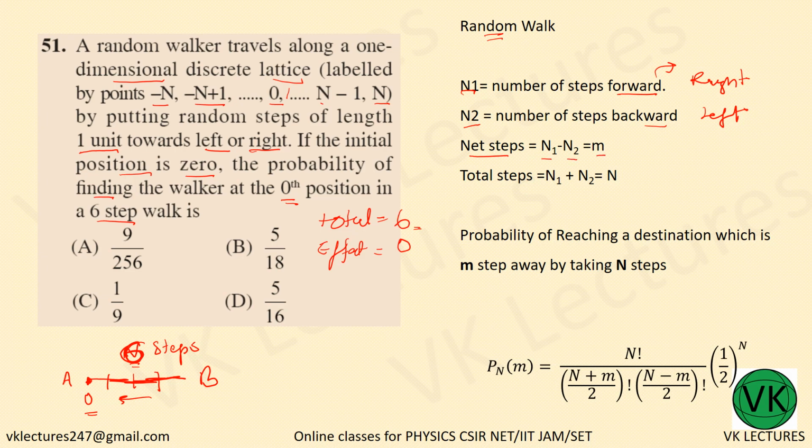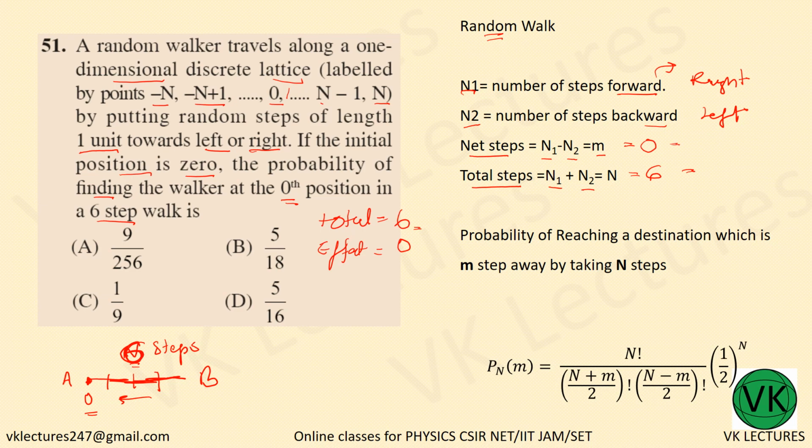With respect to this question, the net steps equal 0. The total number of steps is n1 plus n2, which is equal to capital N, which is 6. That means after taking 6 steps, the net steps taken is 0.